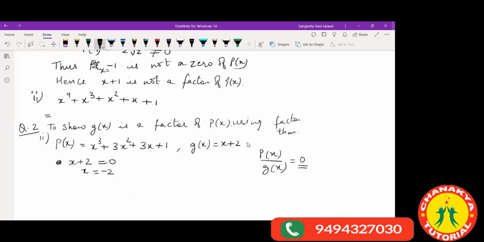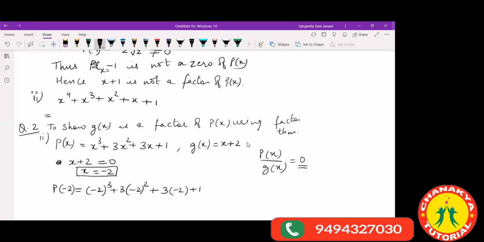Minus 2. I will take this value of x and try for my polynomial. So p(-2) gives me (-2) cube plus 3(-2) square plus 3(-2) plus 1.